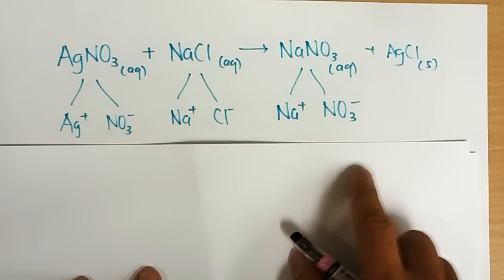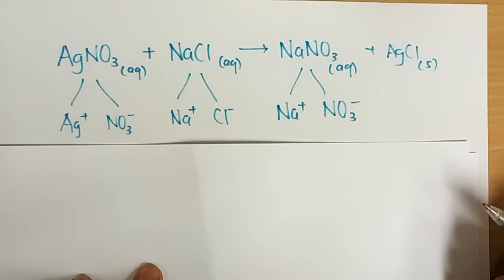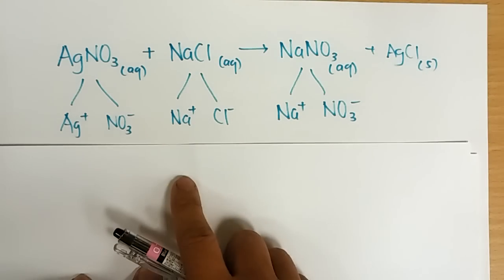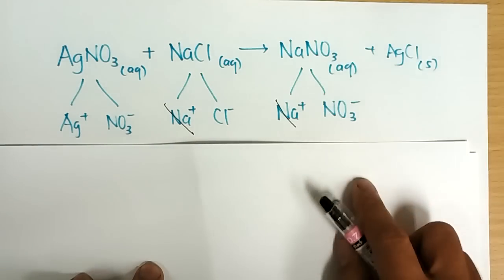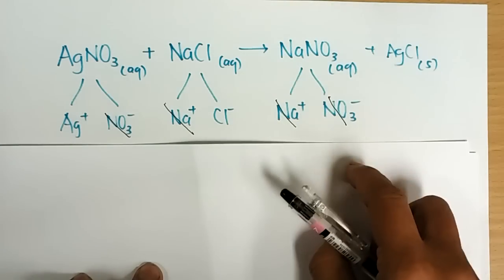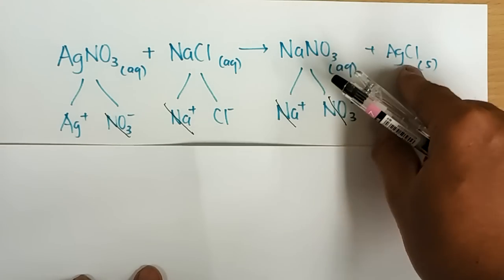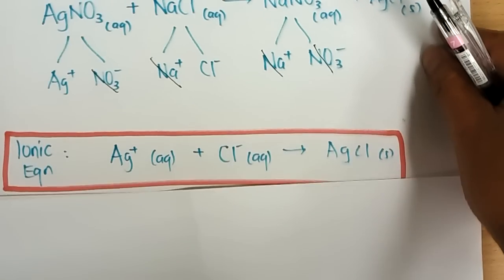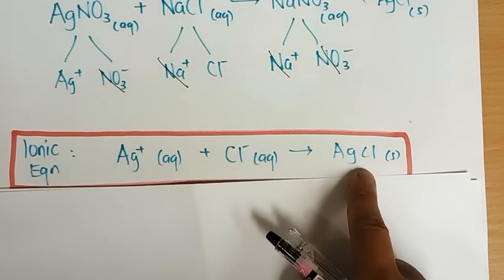You can pause the video and cancel the ions that are present on both sides. So sodium, nitrate. What is left is silver and chloride. So the ionic equation will be Ag plus, Cl minus, giving AgCl.